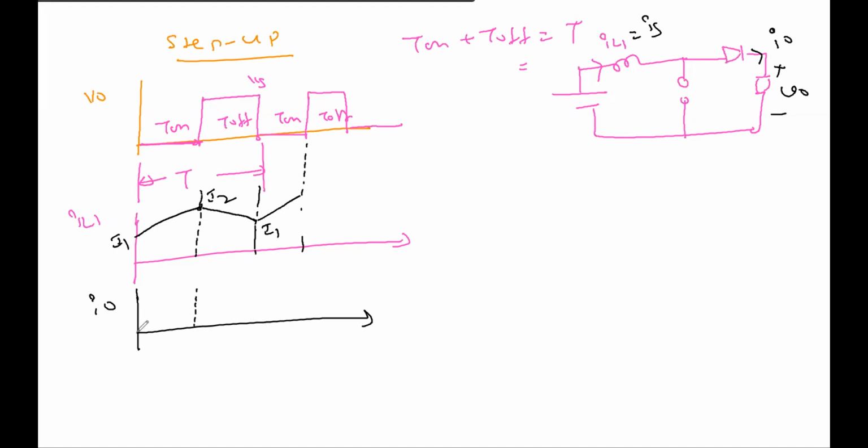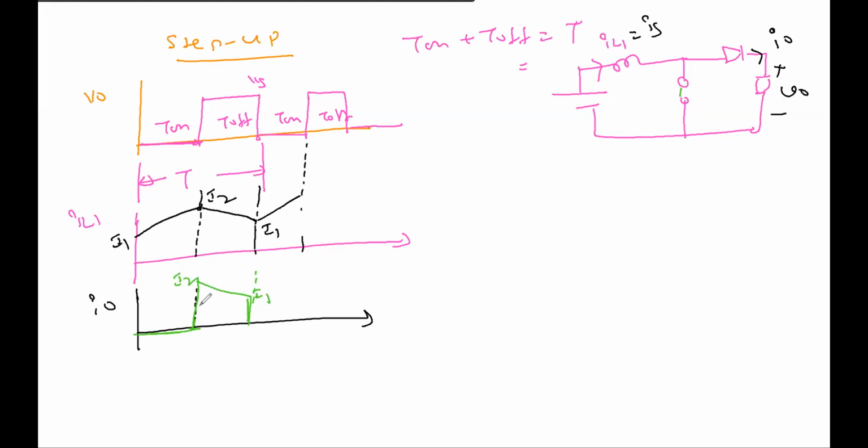Same thing I'm drawing. When this is off, what will happen? Whatever current you have drawn here now, this current will come. I2 and I1.